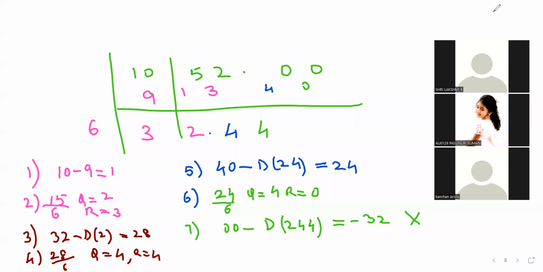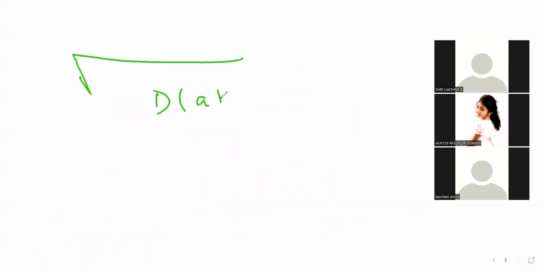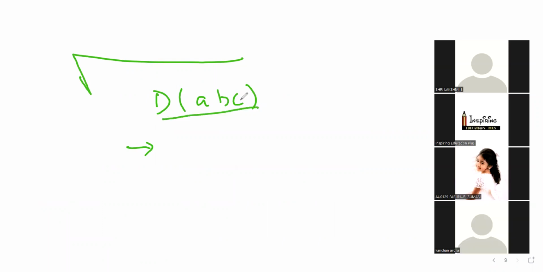Lakshmi, what was the formula? Tell me. Duplex of A is A square. If it is a 3-digit number, it will be AC, square of B, and 2AC plus B square.